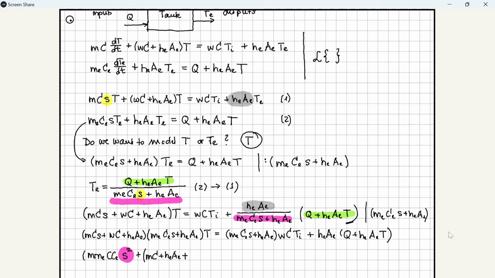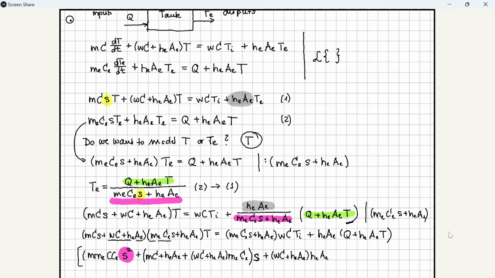Now plus this part here, we can also multiply with MECES, and that gives us WC plus HEAE times MECE. And now this all has the factor S in there, plus everything that doesn't have an S, and that is WC plus HEAE times HEAE.